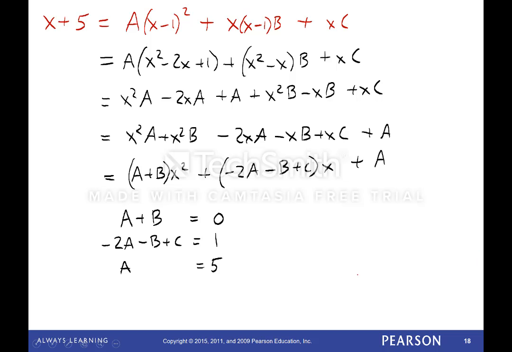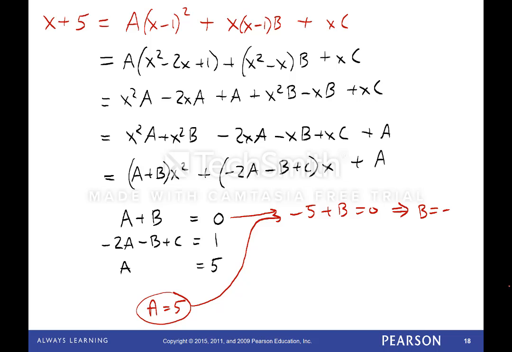All right, so this is an easy one here. Automatically, I know from the third equation that a is equal to 5. Perfect. Next, especially equation number 1, that's even easier here. Look at that, a plus b equals 0. So if we put these two thoughts together, we're going to say negative 5 plus b equals 0. Therefore, b has to be equal to negative 5, because they have to be opposites to give you a 0.